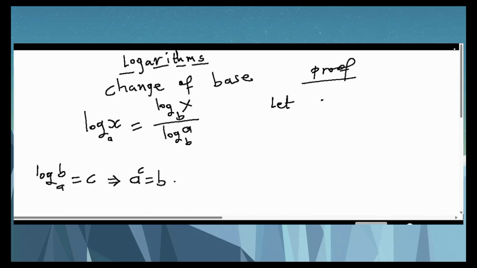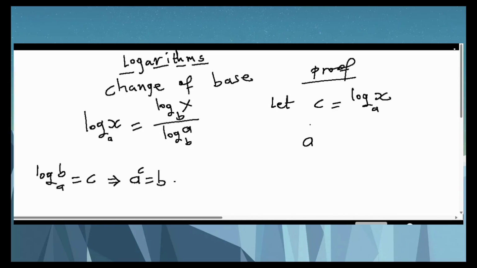c be equal to log x base a. Okay, so if c is equal to log x base a, then by definition we can say that the base raised to the power of the result is equal to b, isn't it, according to the definition?